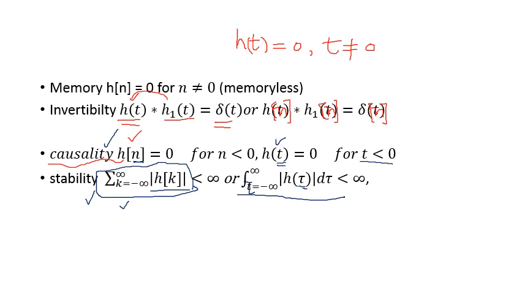But in case the absolute integration of the impulse response from minus infinity up to infinity results in some infinite value, then we call such a system an unstable system.